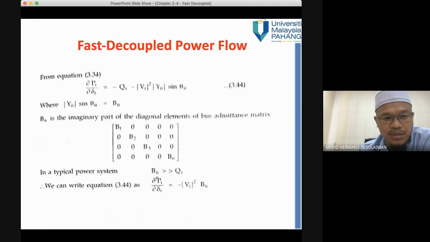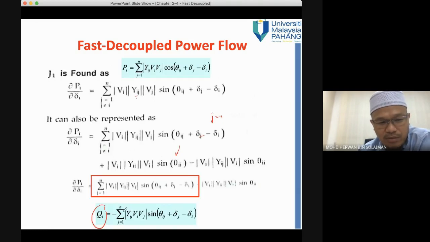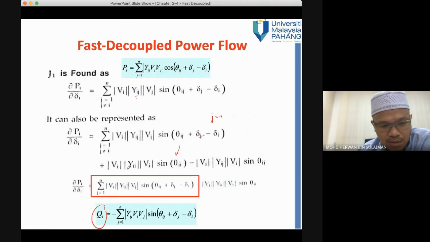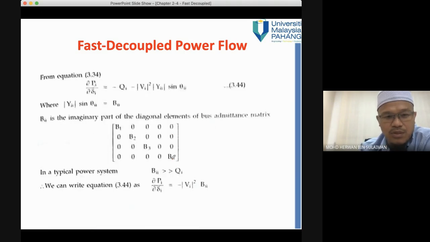So from here basically you boleh masuk value, this value you gantikan dengan Q. So you dapat dP over d theta I equals to negative Q, because this is a Q kena negatif. So yang ini positif, so darabkan negatif, you akan dapat negative Q lah. So this one is negative Q. So that's why you dapat negative QI minus VI square YII sin theta II.